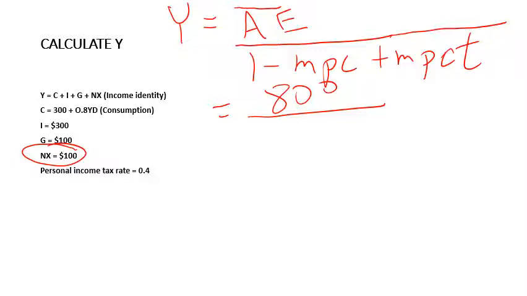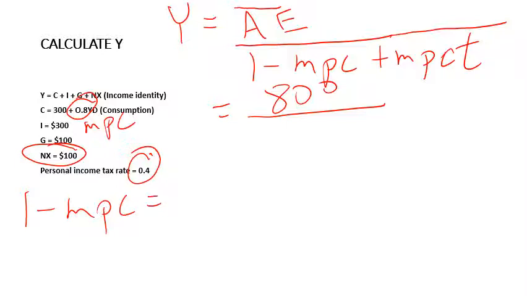So what has changed? Well, again, MPC is at the same level, right? 0.8. What has changed is the personal income tax rate. It went from 20% to 40%. So 1 minus MPC is equal to 0.2.